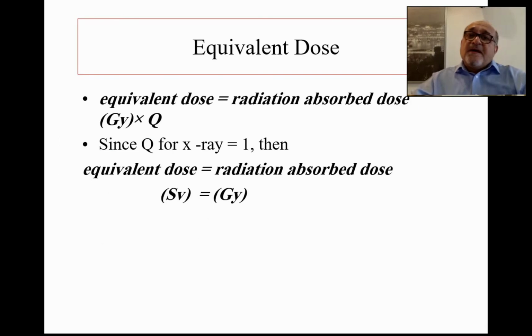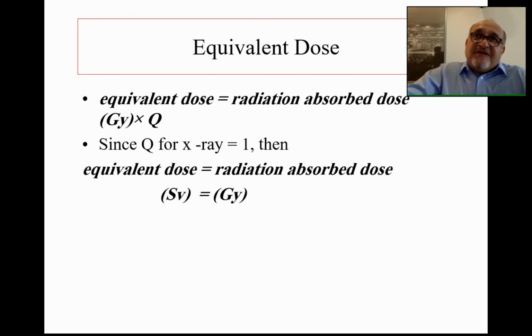So the equivalent dose, which is the third way of measurement, how is it calculated? The equivalent dose equals radiation absorbed dose, which is measured in grays. This is a generic type of radiation absorbed dose, it does not specify any type of radiation.